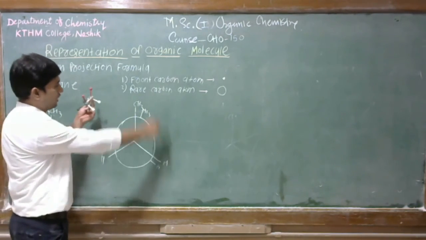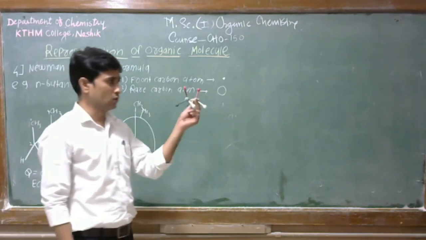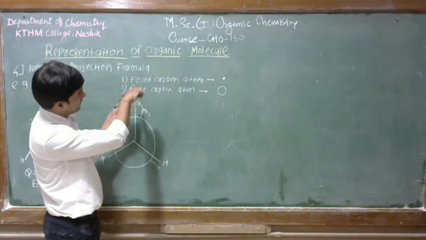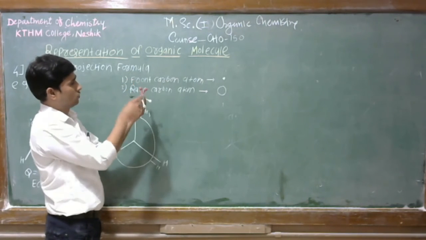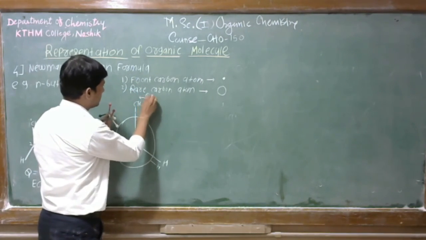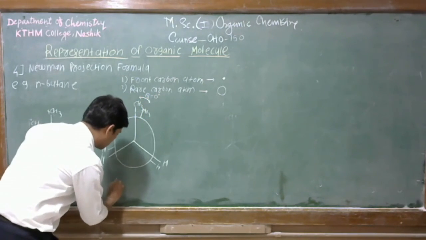So this formula is known as the Newman projection formula, and we can see here the dihedral angle between these two groups. The two same groups, the CH3 groups, have a dihedral angle theta equal to 0 degree, therefore this is the eclipsed conformation.